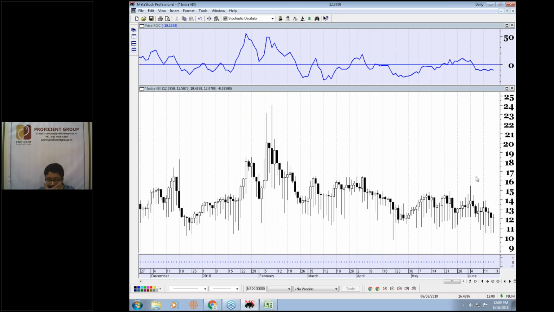So what do we do with this? We are going to create a trading range in Nifty for the next 1 week. 1 week is our trading horizon. So there are 52 weeks in a year.